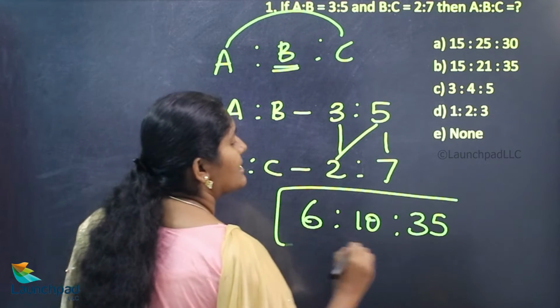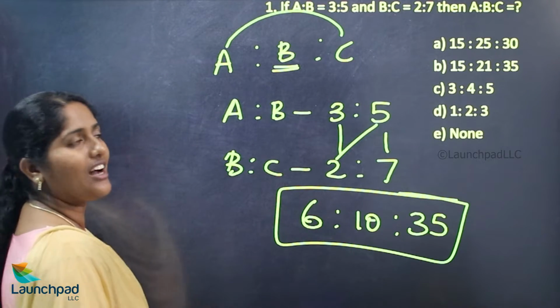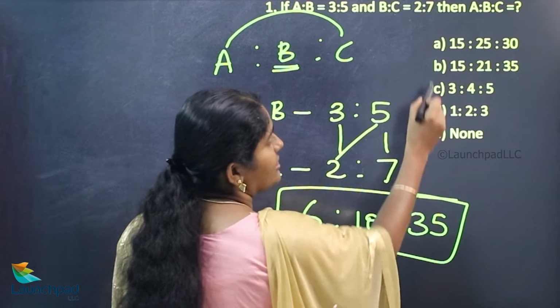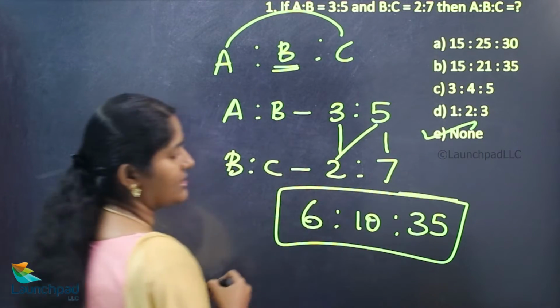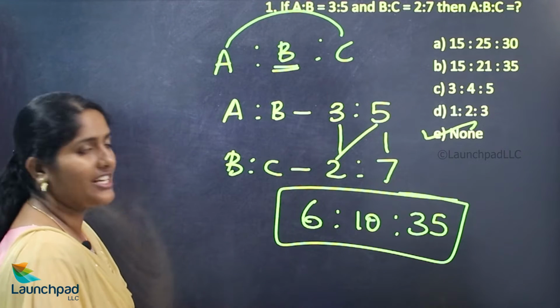So hence the answer is 6 is to 10 is to 35. Is the answer available? No. So the answer is none of these. Okay, we'll move on to your next question.